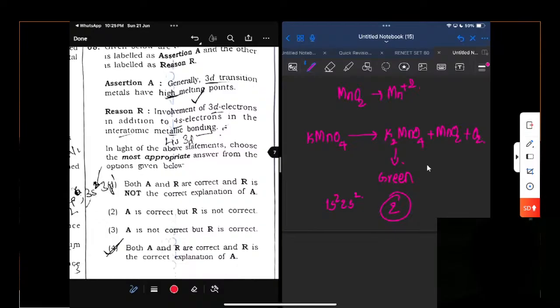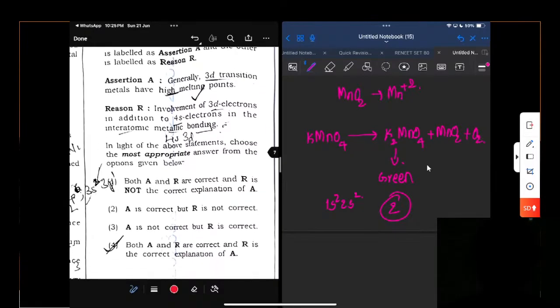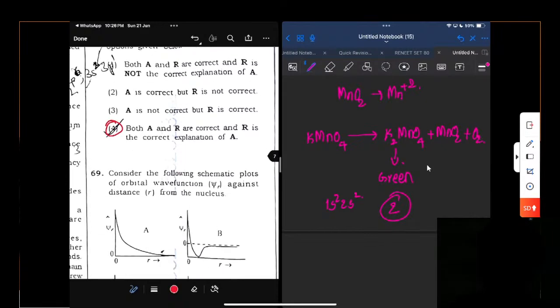Yes, that's true because of unpaired electrons present in them. Reason: involvement of 3d electrons in addition to 4s electrons in interatomic metallic bonding. Yes, the reason is correct for the assertion. So both A and R are correct and R is the correct explanation of A. Option 4.